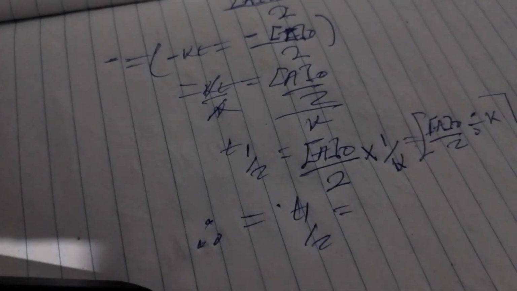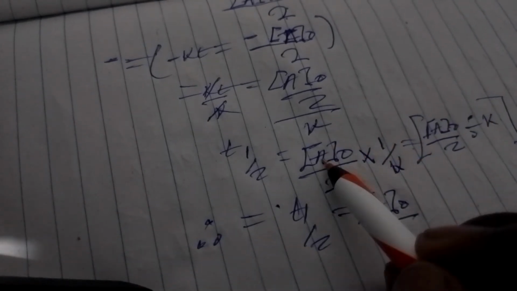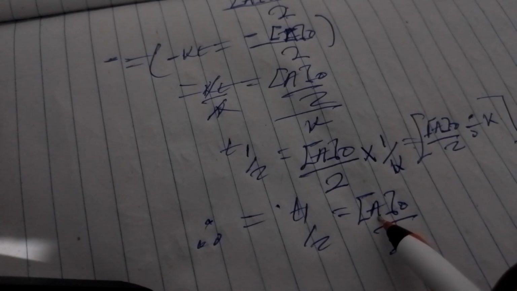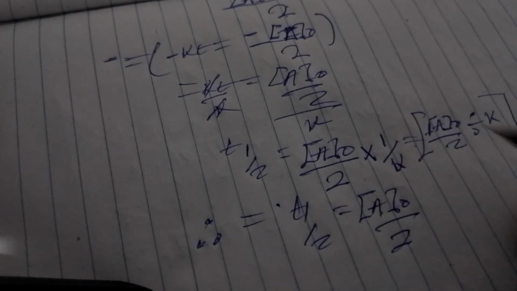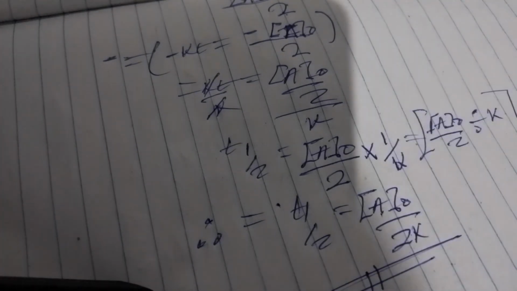So therefore, half-life of zero order of the reaction is equal to initial concentration divided by 2. We know to say 1 times initial concentration, that is initial concentration of the first reactant, 2 times constant, that is constant. So this is the half-life formula of the zero order of the reaction.